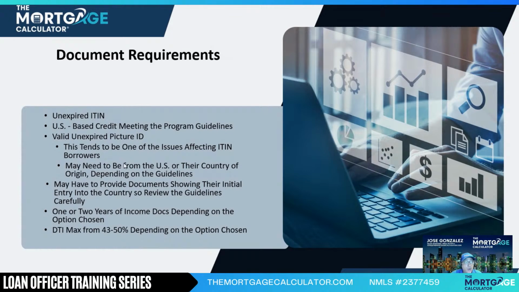The ITIN borrower also has to be able to qualify income wise for the income type for the option chosen, right? So whether you're looking at a full doc loan, a self-employed borrower who's going with bank statements or profit and loss, or a 1099, whatever it is.